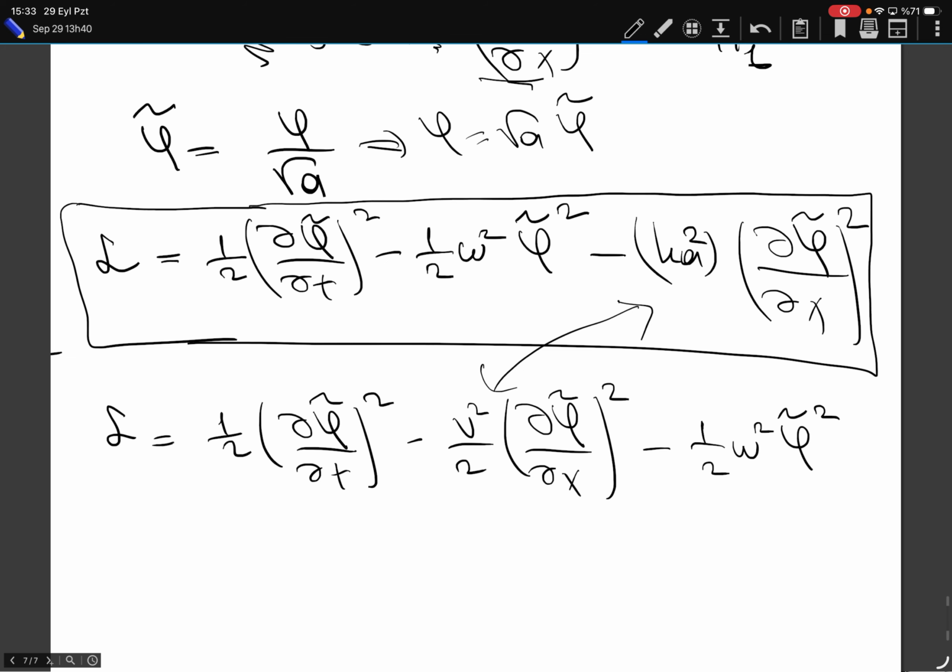Is it a convention? No, it's a convention. I can always multiply my Lagrangian with a constant. That's an overall constant. It will describe the same physics. That will change this coefficient 1/2.